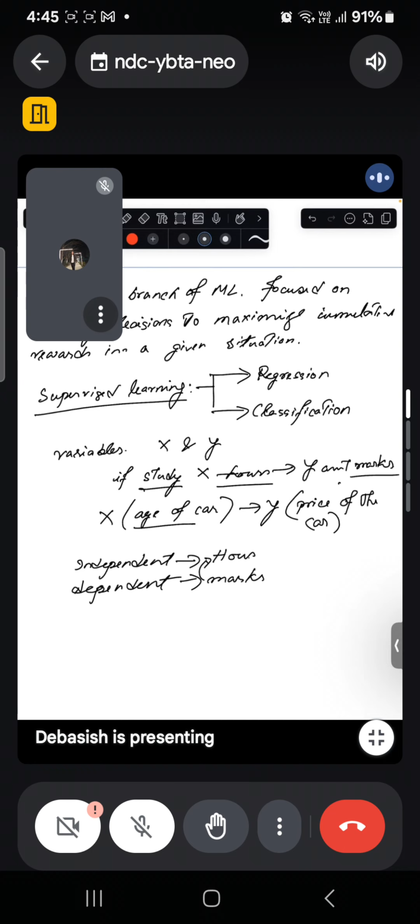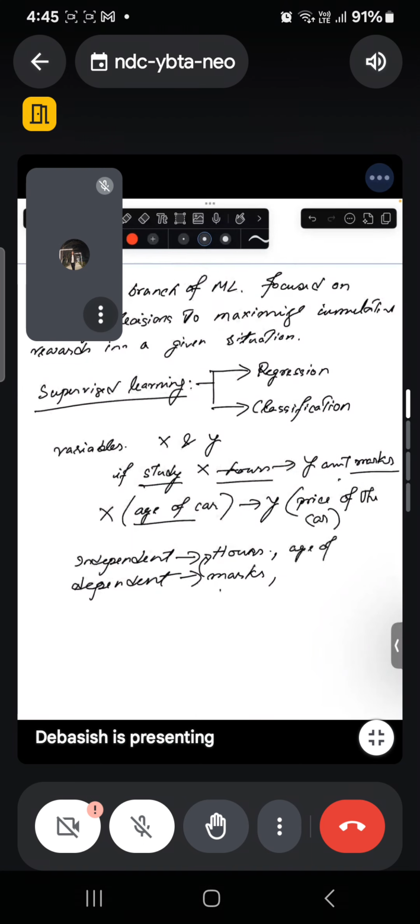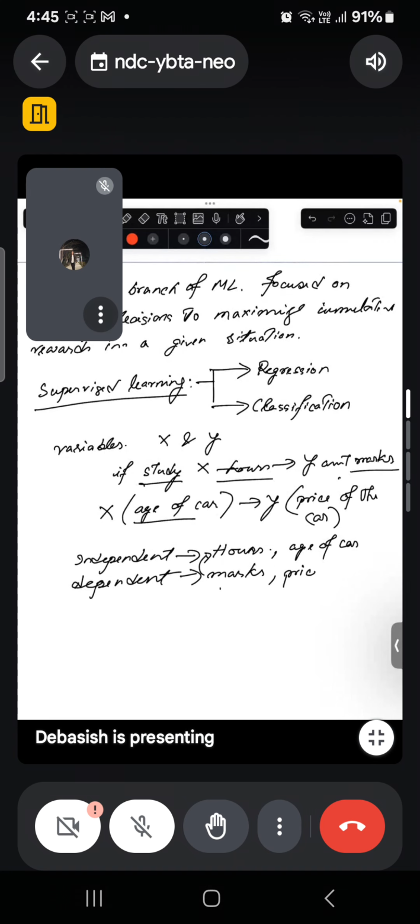So the marks are dependent upon the number of hours you study. Similarly, the age of the car is the independent variable, but the price of the car is dependent. One will depend upon another.